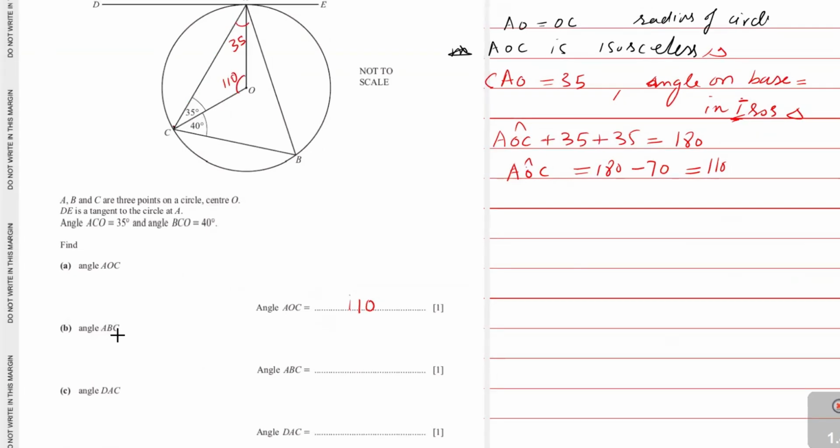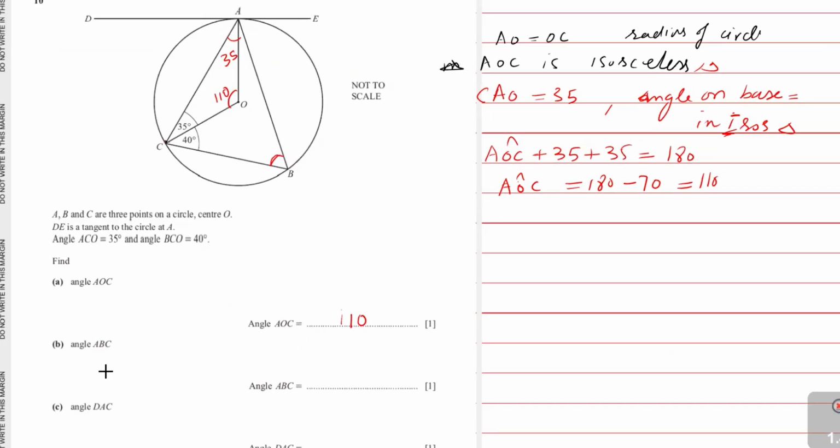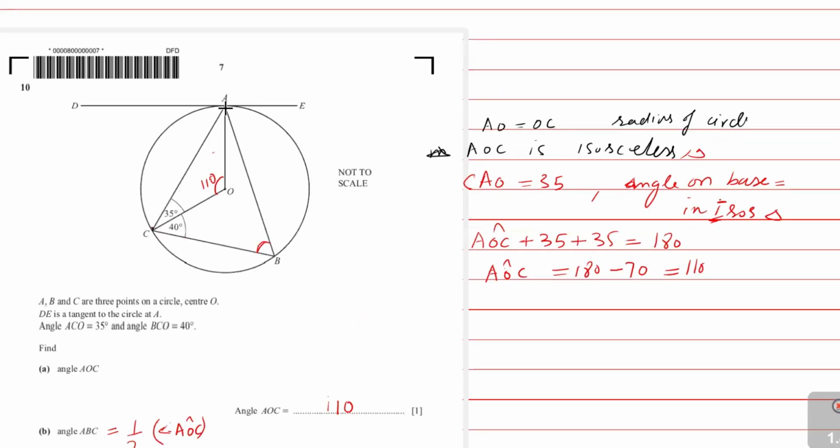Next, angle ABC. This is the angle ABC, and this angle ABC will be equal to half of the angle at center AOC, because the angle by the arc AC at center is 110, and the angle by the same arc on circumference will be the half of this angle on center.